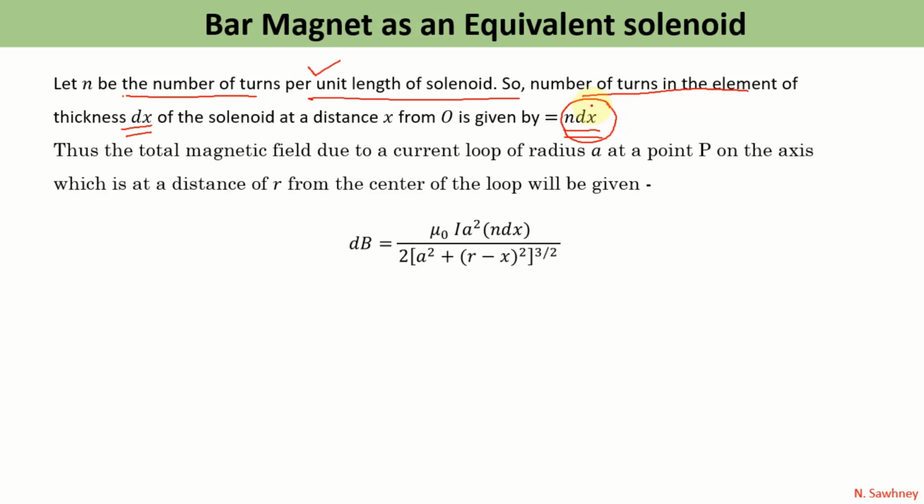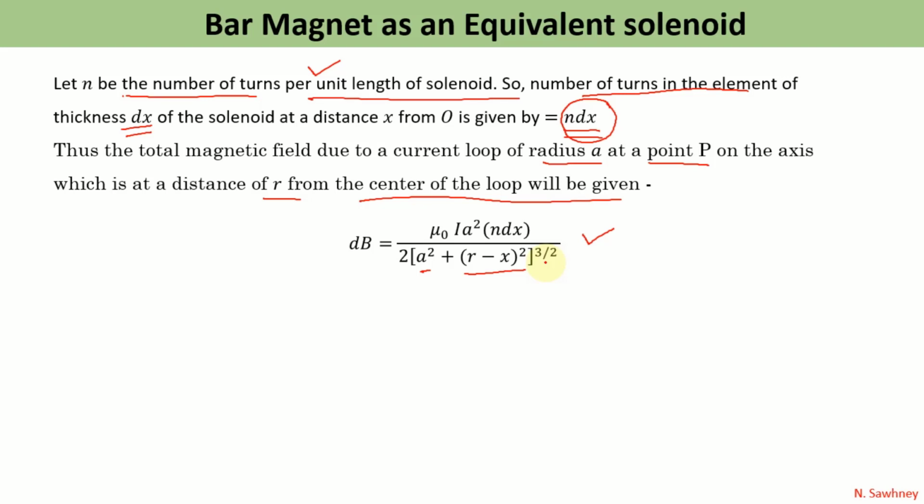So the total magnetic field due to the current loop of radius a at point P on the axis, which is at a distance r from the center of the loop, will be given by dB is equal to mu naught I a square into number of turns upon 2 times (a square plus (r minus x) whole square) raised to the power 3 by 2. See, we have considered a small current loop of thickness dx.